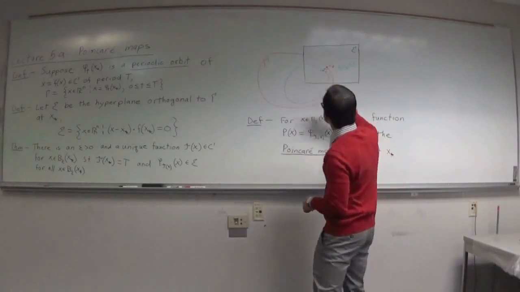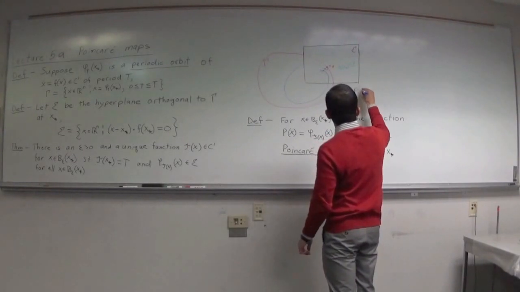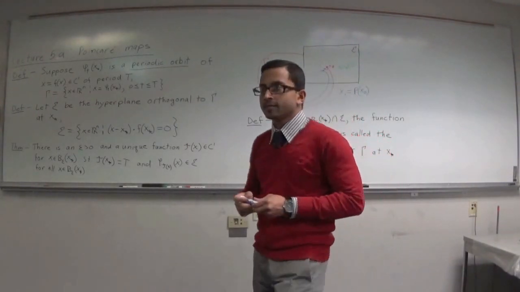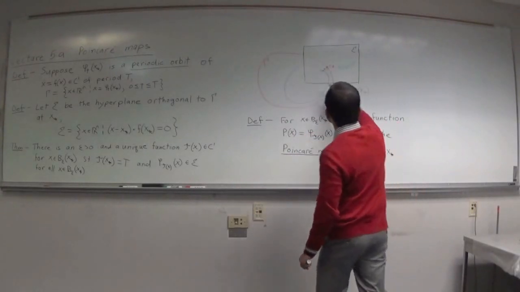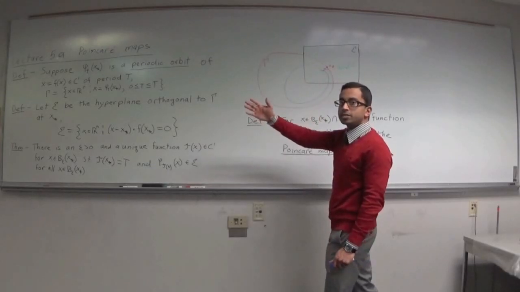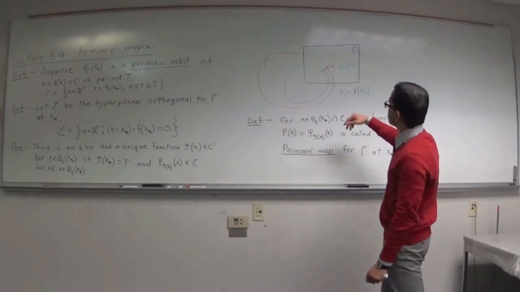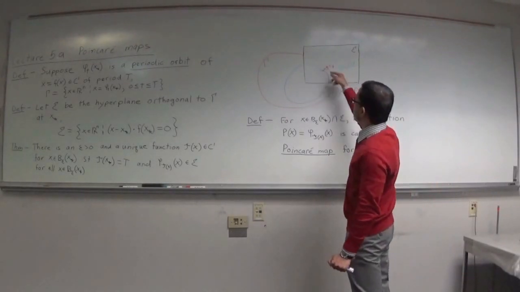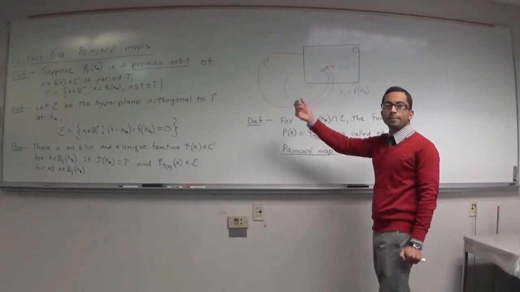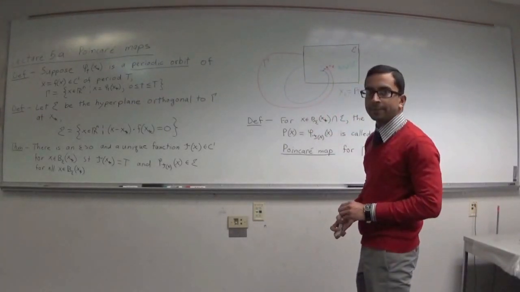So here, x1 is going to equal p of x naught. And it's basically just taking this, flowing it until it hits our sigma. So that's the idea. So it's a very simple concept. We're going to take this x naught somewhere in this ball, and we're going to flow it around and see when it hits sigma. So that's basically the idea for a Poincaré map.